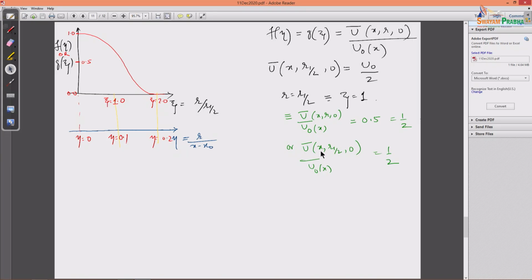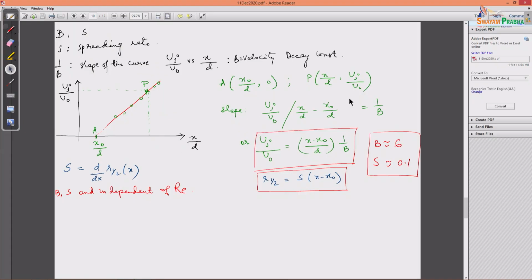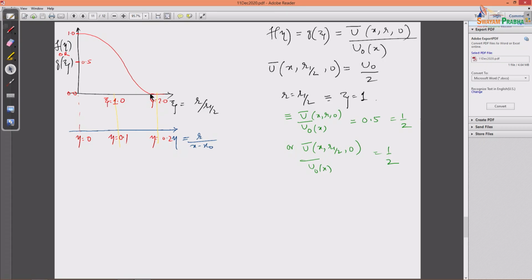Using these definitions, where we took B as 6 and S is equal to 0.1, we looked at these plots and said that U mean at R half, as a fraction of the center line velocity, is equal to half.